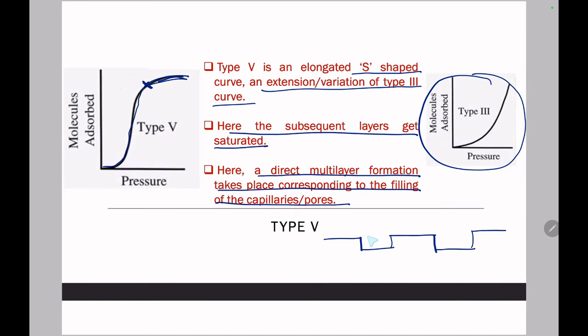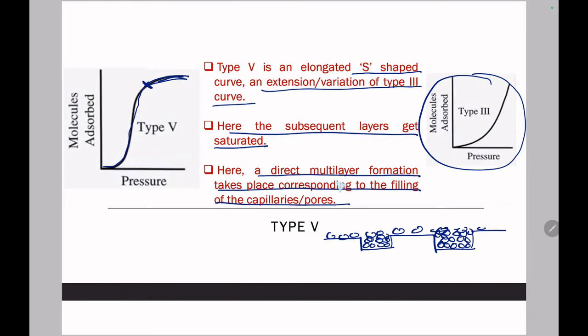That is, the adsorbent consists of pores or capillaries, and the direct multilayer formation takes place within the pores itself, like this. And then filling takes place, and therefore a saturation limit is formed.